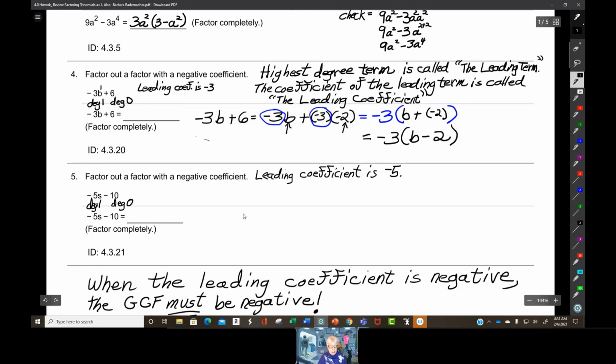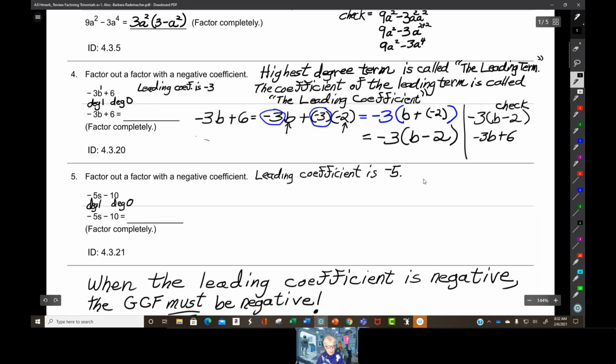We're going to do this again 2 more times. But let's look at this. Let's check the answer. Negative 3 times b minus 2. Negative 3 times b is negative 3b. Negative 3 times negative 2 is positive 6.